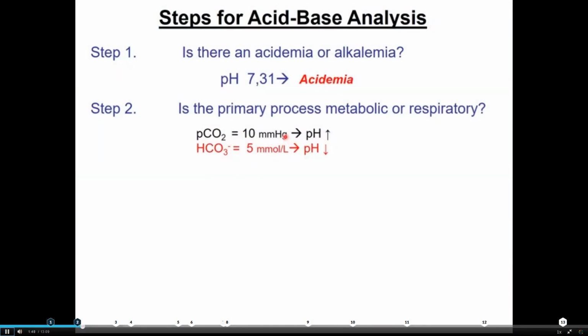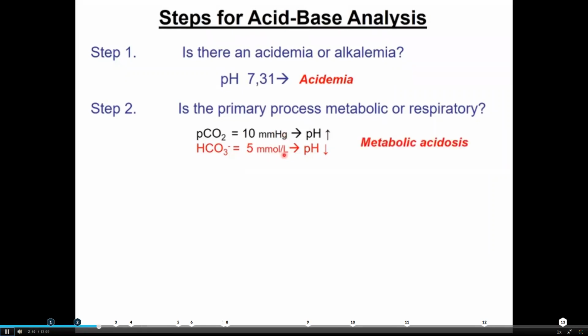If you look at the PCO2 value, that's lower than normal. So that's a respiratory alkalosis. So the pH should be shifted toward the alkaline milieu. So this cannot be the underlying problem. Only the bicarbonate value can explain the changes.